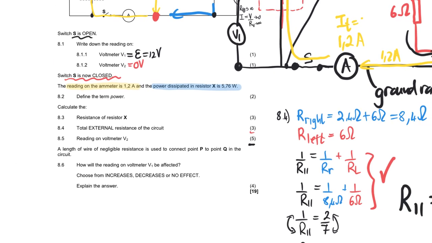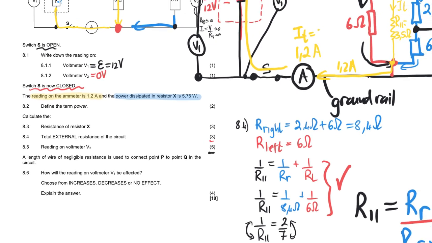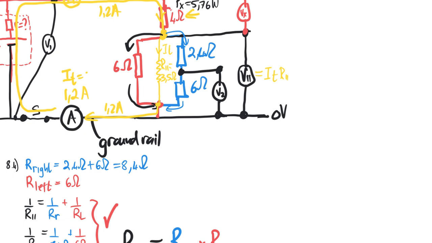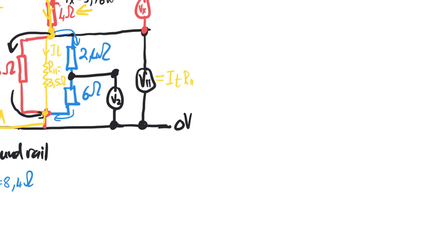So the first thing we're going to do is work out V parallel. We're working on 8.5, and I'm going to do it on the right here. So V parallel is going to be I total times R parallel. We have R parallel and we have I total.